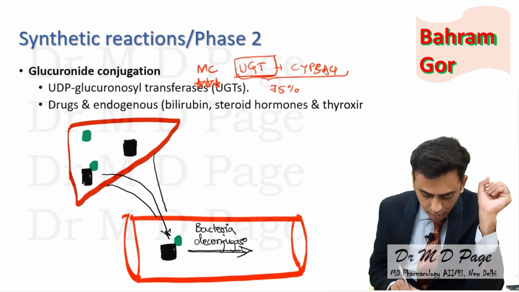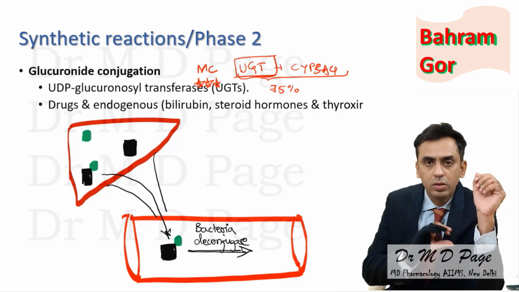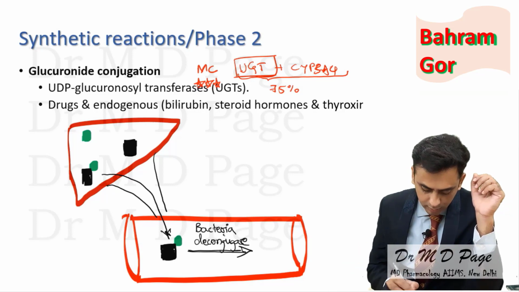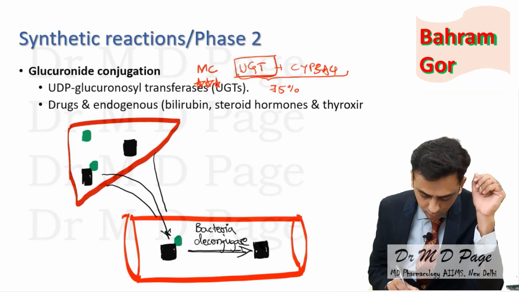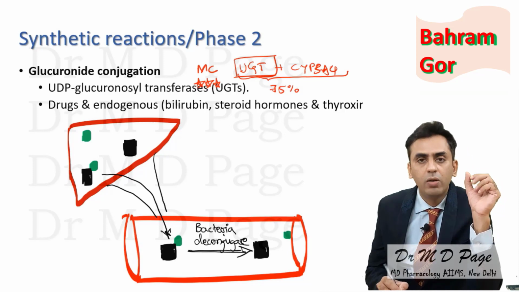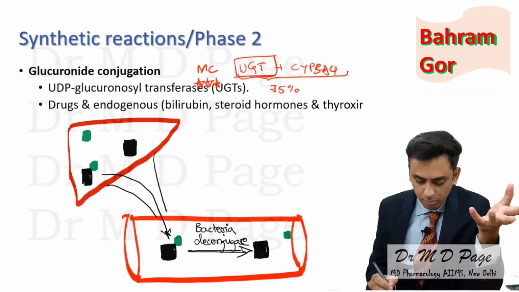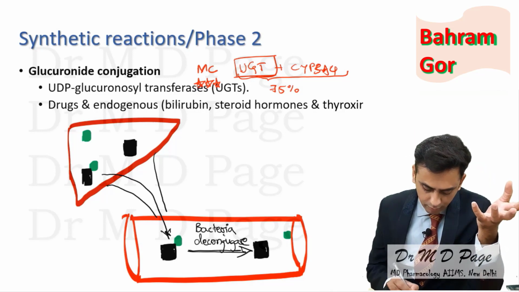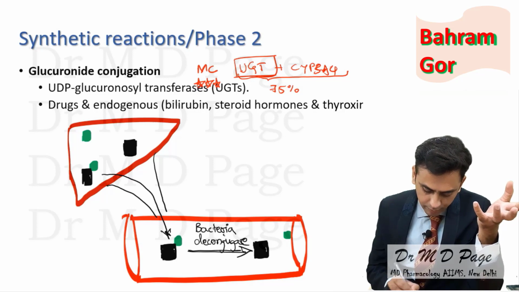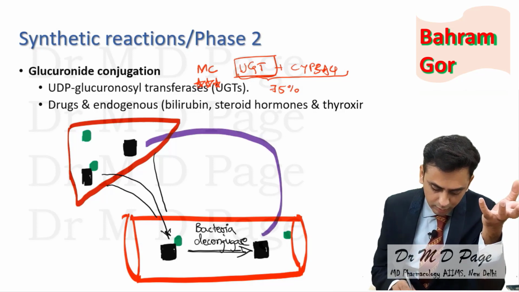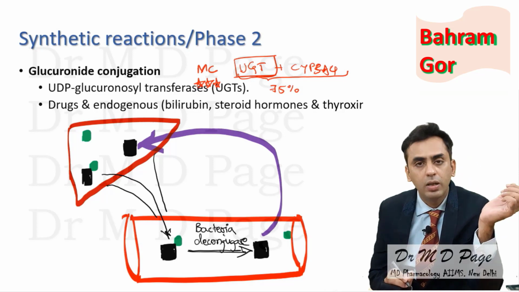It deconjugates, removes this glucuronide conjugate and frees the drug. What will happen if the drug is freed from this glucuronide? Again it becomes lipid soluble. If it becomes lipid soluble, it will get absorbed. So it gets back into systemic circulation and goes to the liver.